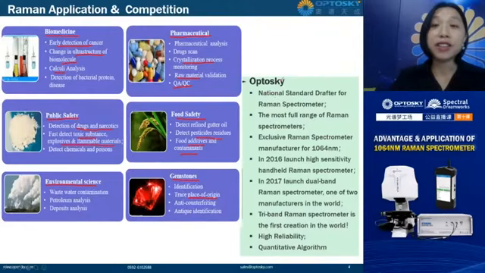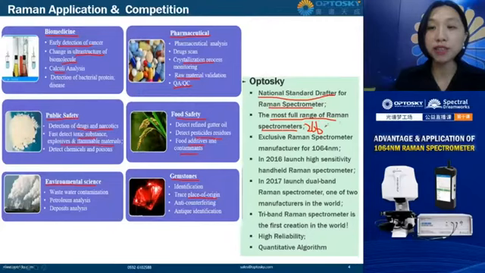Optosky is an expert in Raman spectroscopy, and we are the national standard drafter for Raman spectrometers. We have the fullest range of Raman spectrometers, covering from 266 to 1064 nanometers.